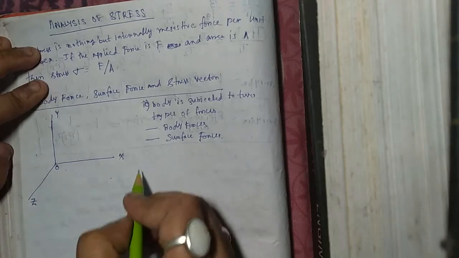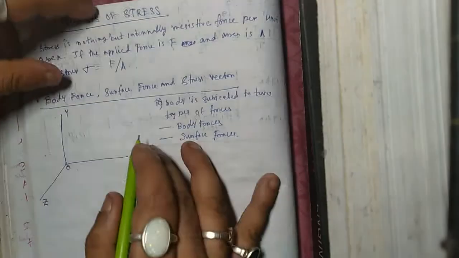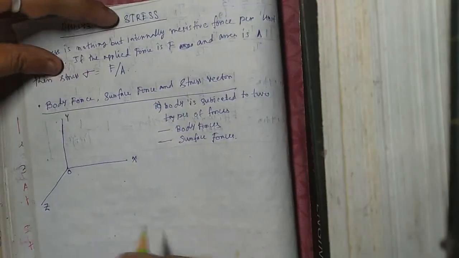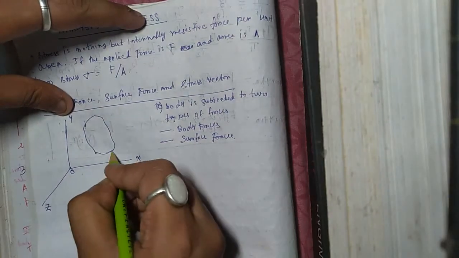When the area considered lies on the actual boundary of the body, the surface force distribution is often termed as surface traction. So at first I have to draw a body. Suppose this is a body.